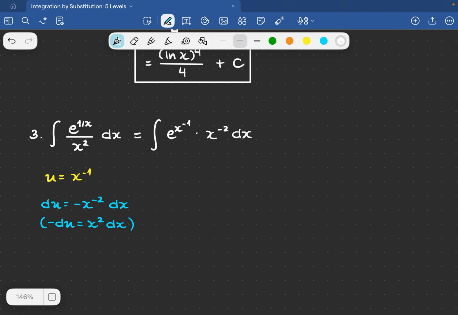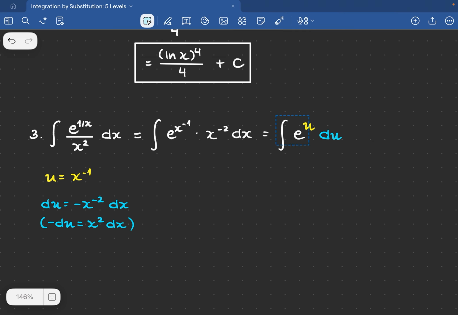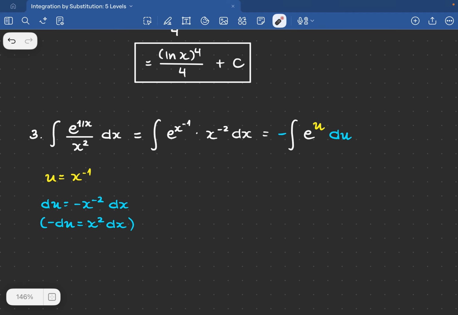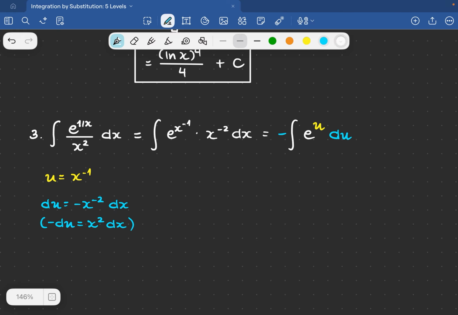So by u-substitution, this will just be equal to e raised to u, then this one will be the du. And then don't forget that there must be a negative out here because of this. That is a common error of students, that they forget the negative since it's not quite evident, unlike constants that you move around. So you just take note of that one.